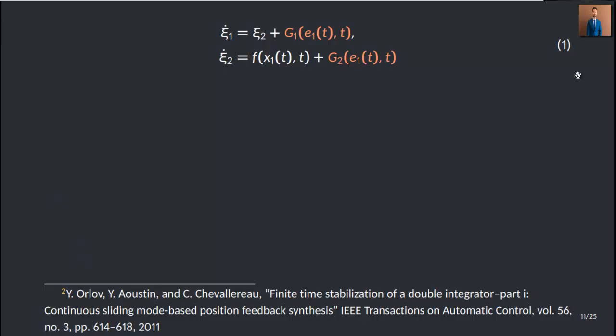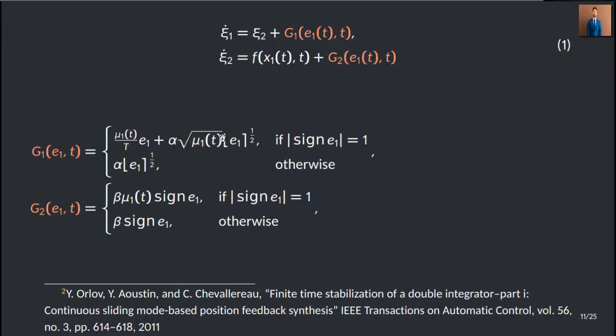The hybrid observer is shown in equation 1, which typically is a copy of the known dynamics of a system plus injection terms, which we call here capital G1, capital G2, which are given by these hybrid terms that switch the structure once the sliding mode is detected with the available information, that is the observation error E1.